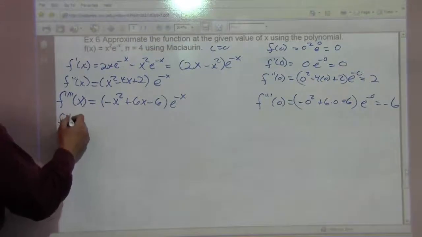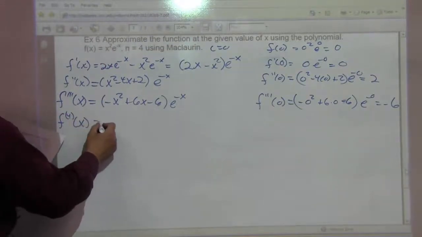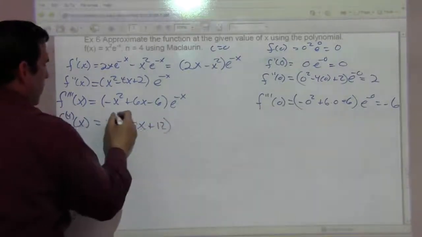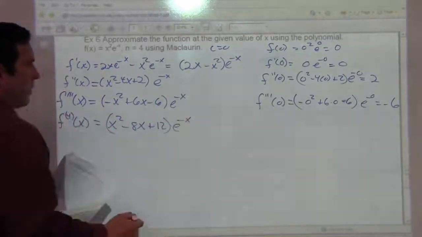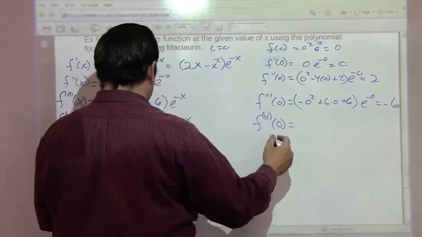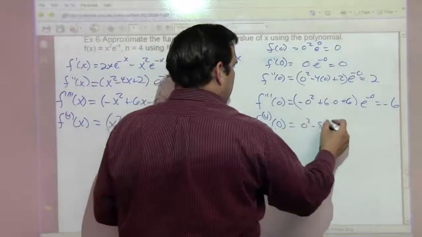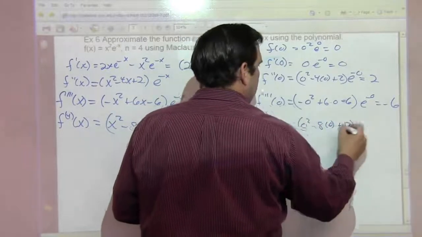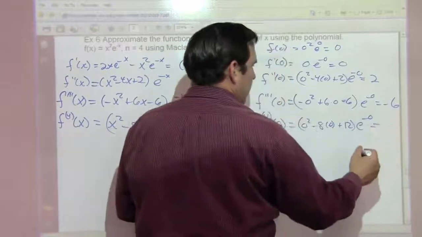And the fourth derivative of f of x is going to be x squared minus 8x plus 12 times e to the negative x. So our fourth derivative at 0 is going to be 0 squared minus 8 times 0 plus 12 times e to the negative 0, and that's going to give us just 12.